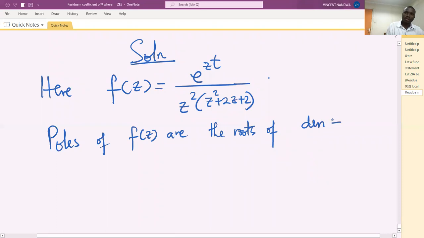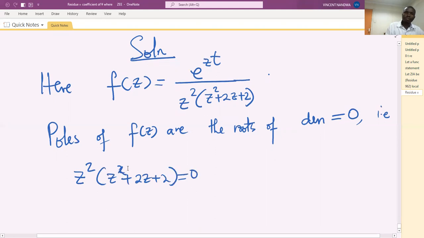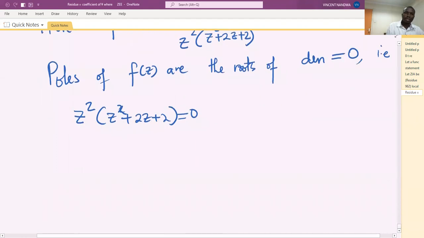Taking the denominator, equating them to 0, i.e., we have z squared into z squared plus 2z plus 2 equals to 0. This tells us that z squared equals to 0 and z squared plus 2z plus 2 equals to 0.